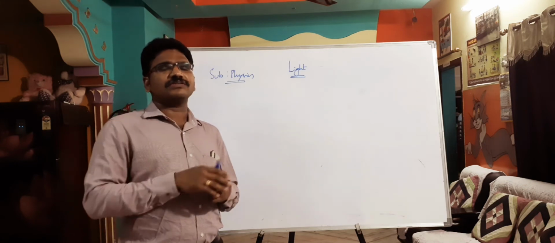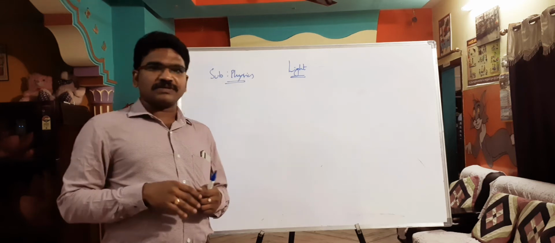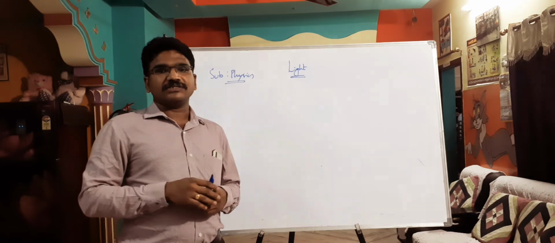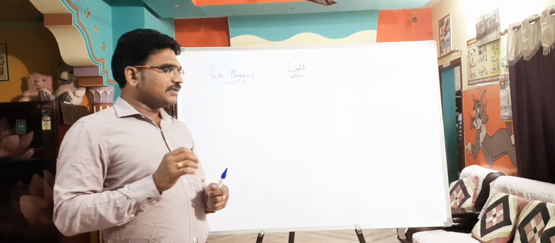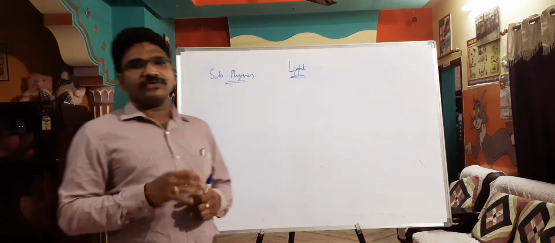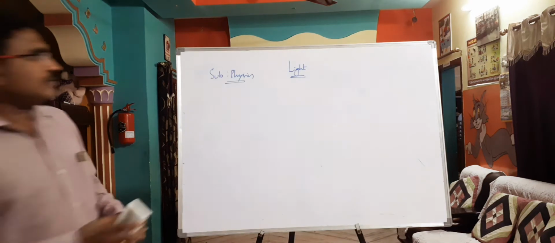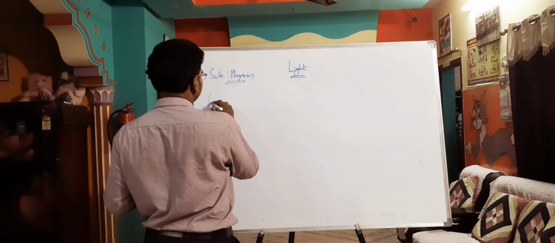So by using the laws of reflection on the mirrors, when the incident ray is parallel to the principal axis, or when it is passing through the principal focus or center of curvature, all these things we discuss generally. Now we are going to discuss again the images by mirrors.